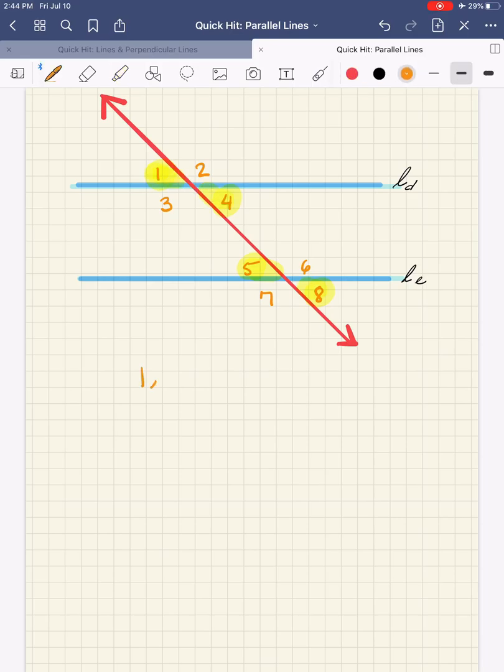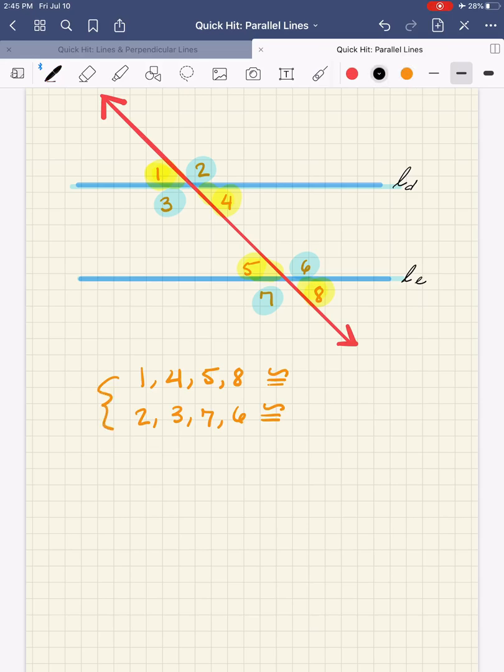So 1, 4, 5, and 8 are all congruent. Likewise, 3 and 2 and 7 and 6 are equal to themselves and to each other. So 2, 3, 7, and 6 are congruent. So when I have a transversal go through two parallel lines, I get two sets of congruent angles.